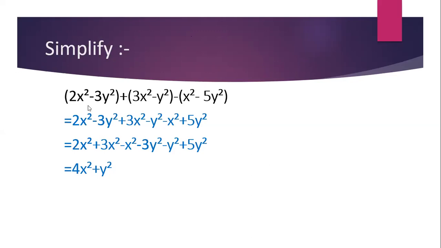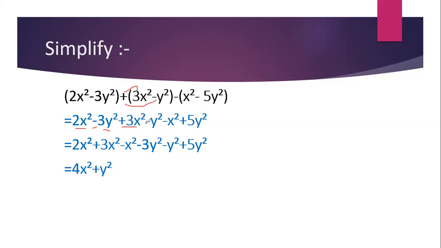Here, the question is simplify. Okay? Here, the terms are written in the brackets. Step number 1 will be, you have to remove the bracket. By the removal of bracket, we get 2x square minus 3y square. Now, by the removal of bracket, we have to multiply the signs. Plus plus plus 3x square.